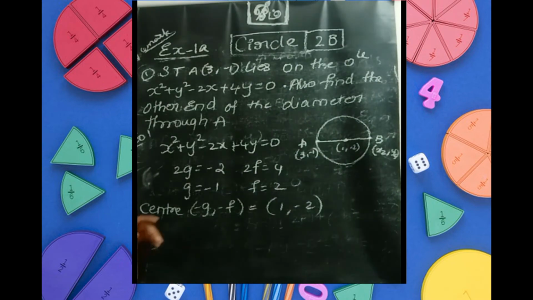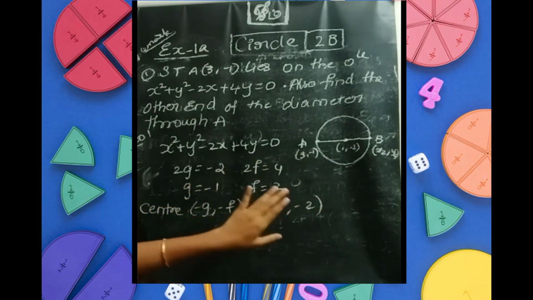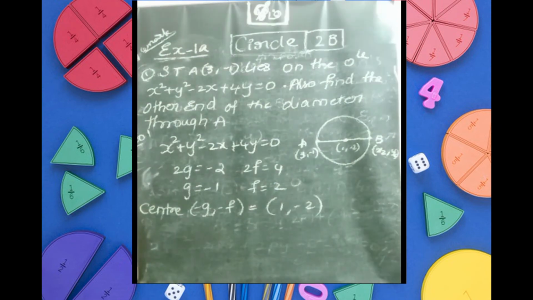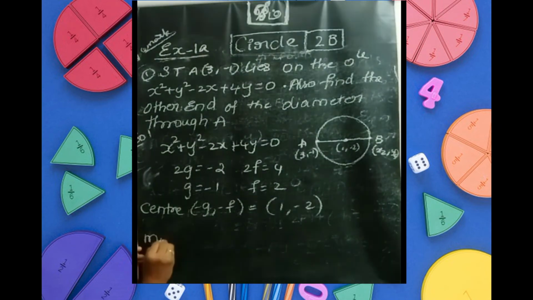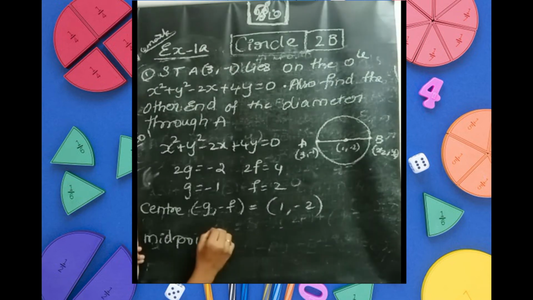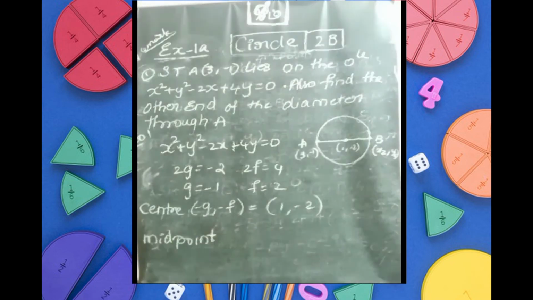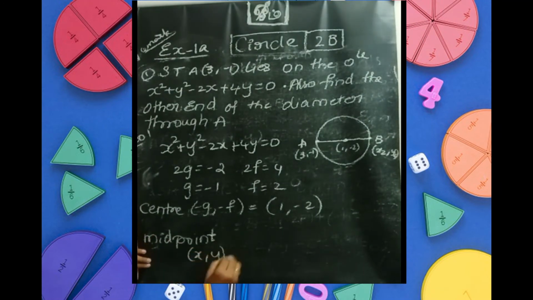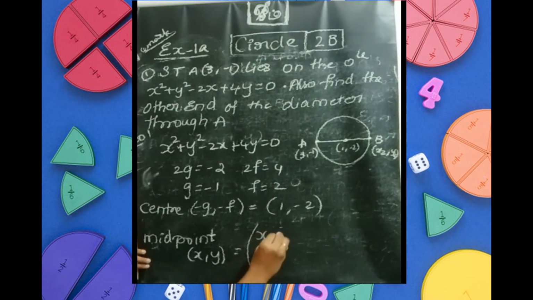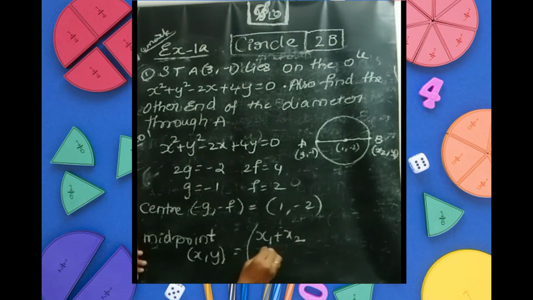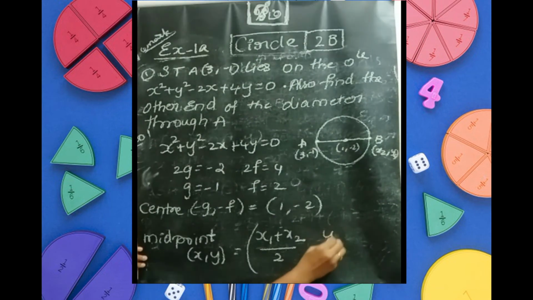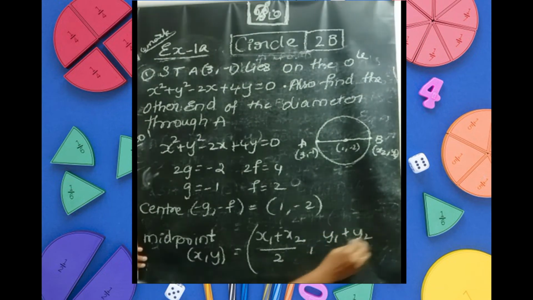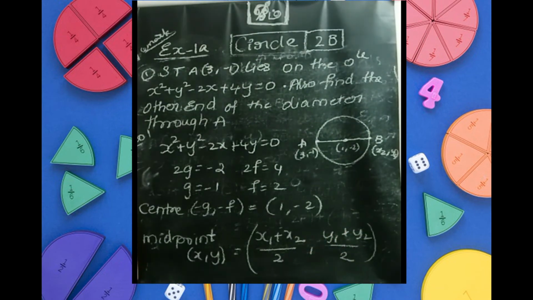Okay. Now we have to find B. See here, this line. We know the formula here, from the earlier chapter: the midpoint. In the coordinate system we have learned the midpoint formula, to find the x comma y point, which is x1 plus x2 by 2 comma y1 plus y2 by 2. This is the formula.